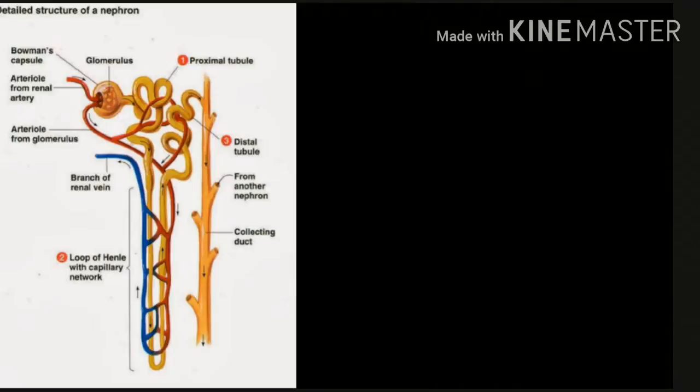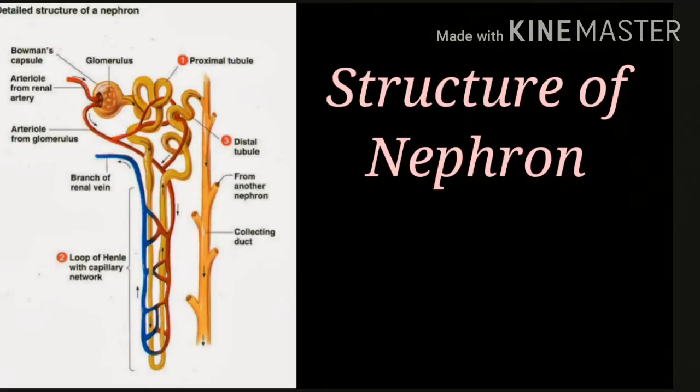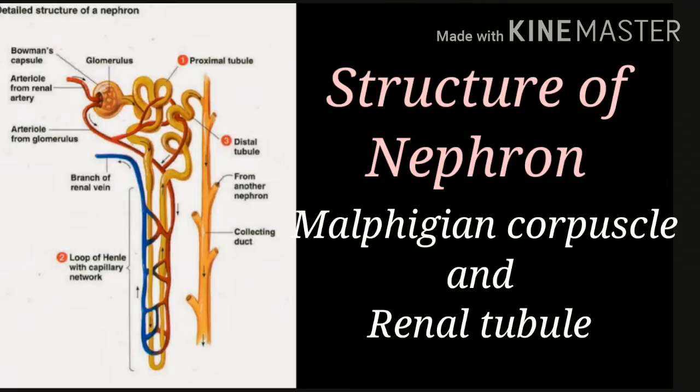Let us learn about the structure of the nephron. Each kidney consists of more than 1 million nephrons. What are nephrons? Nephrons are uriniferous tubules, the structural and functional units of the kidneys. Each nephron consists of a Malpighian corpuscle and a renal tubule.